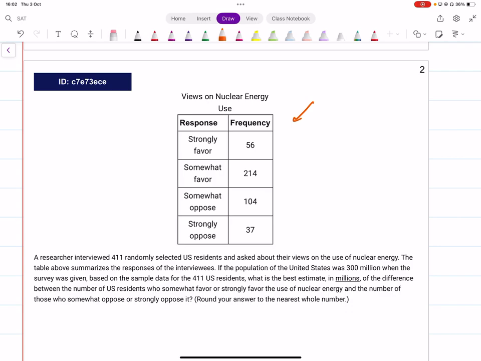The total number is 411. The table summarizes the responses. The population was 300 million when the survey was given. Based on this sample, what's the best estimate of the difference between the number of residents who somewhat favor or strongly favor the use of nuclear energy and the number of those who somewhat oppose or strongly oppose it?